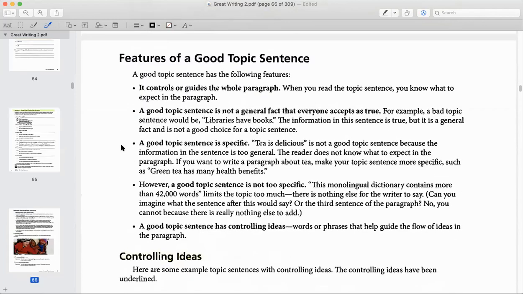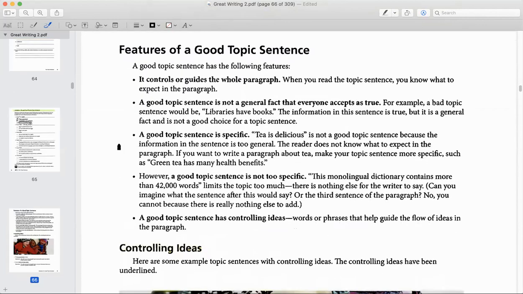And here we have a little summary about, so what are the features of a good topic sentence? So it should guide the whole paragraph. Right? After you read a topic sentence, you should know what's going to come in the paragraph. If you read a topic sentence and you're not sure what you're going to read about in the paragraph, then it's not a good one.